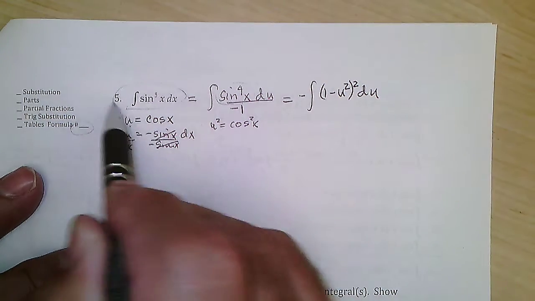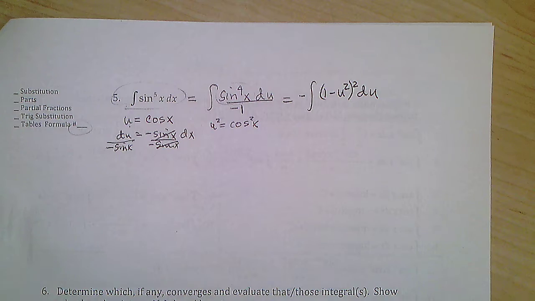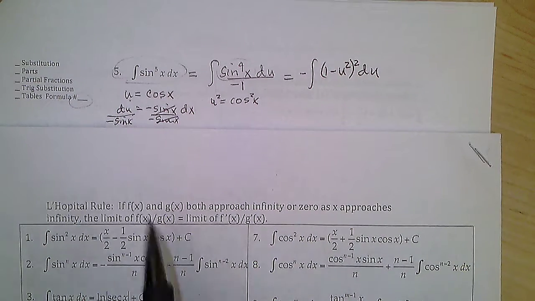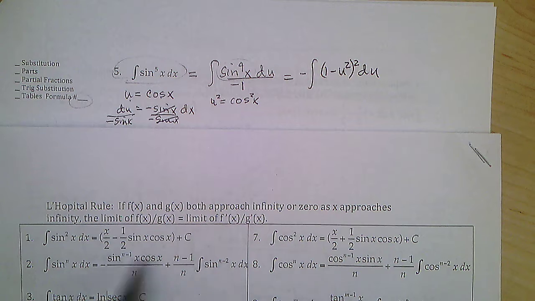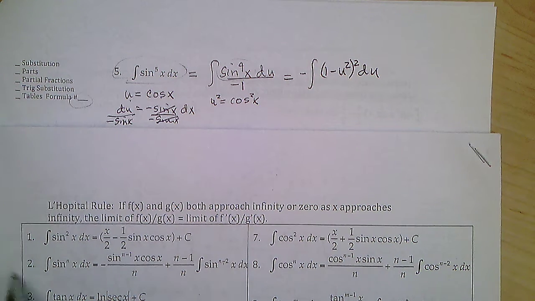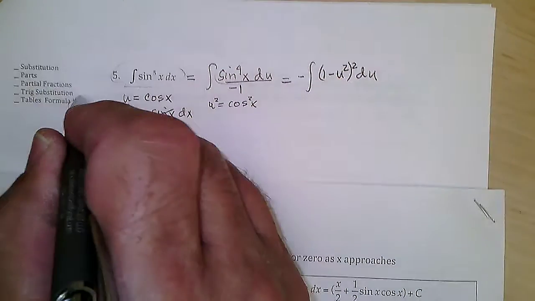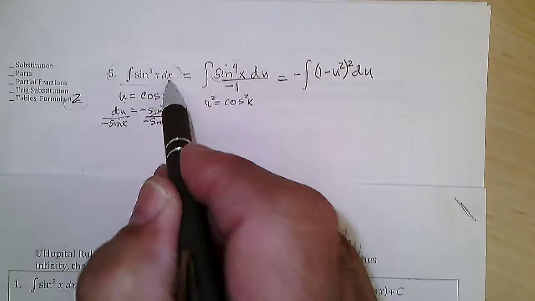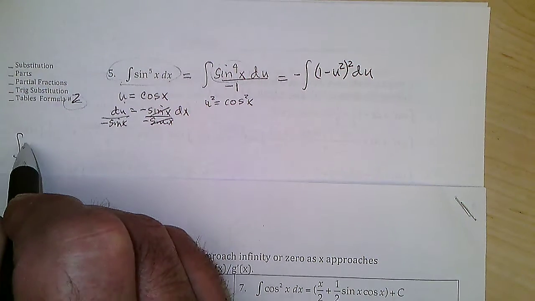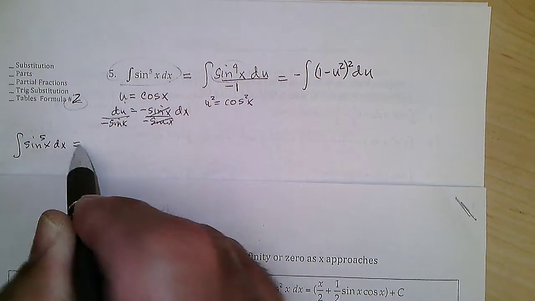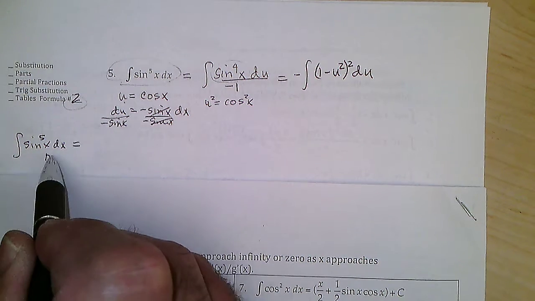So I'm going to look at the tables and see if there's a way I can do sine to the 5th. And on the tables, it says right here, if you got sine to the 5th, you can get it down to sine to the 3rd. And then you could take sine to the 3rd and get it down to sine to the 1. So formula 2 would help us do this one, and we wouldn't have to do much of any thinking. So this, the integral of sine to the 5th of x dx, in this, n would be 5.